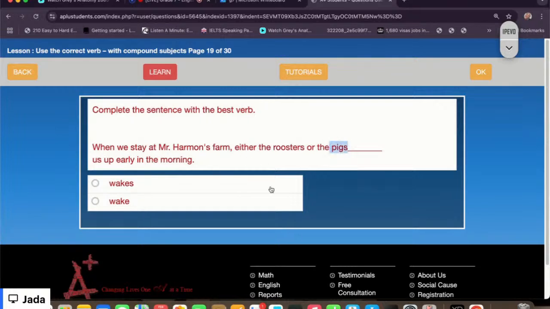Okay, so we have pigs here, so we will have wake.